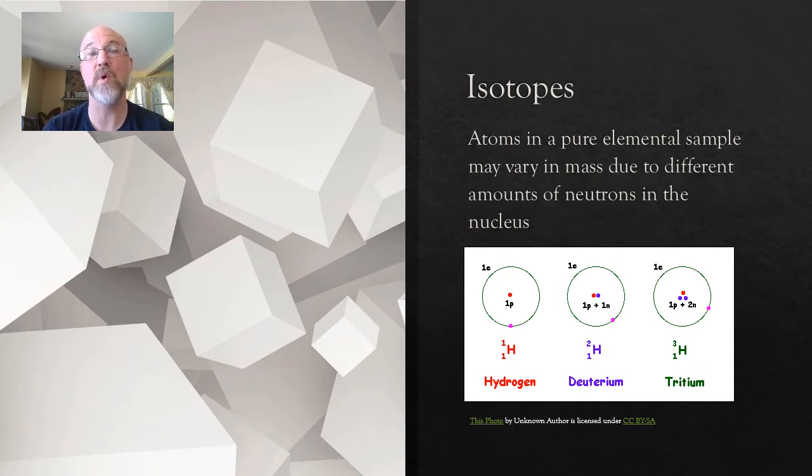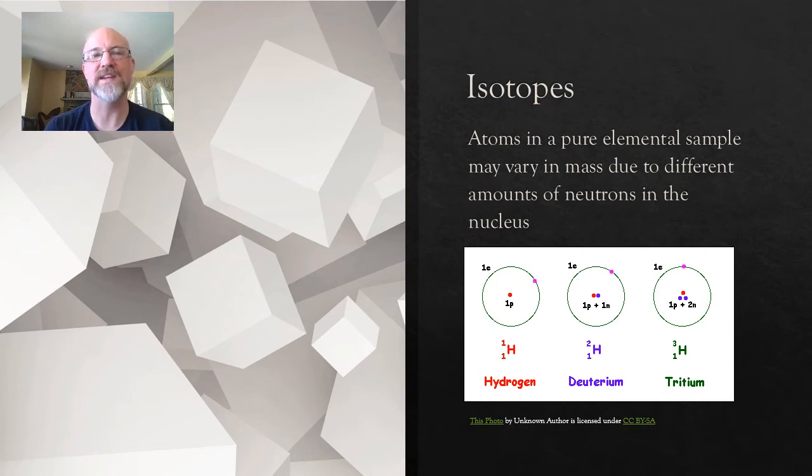But they can have more or fewer neutrons. That means they can be heavier or lighter. They can have more mass or less mass. Since they're all the same element, but different versions of that element based on mass, we call them isotopes. So for example, here we have the 3 different isotopes of hydrogen: protium, deuterium, and tritium.